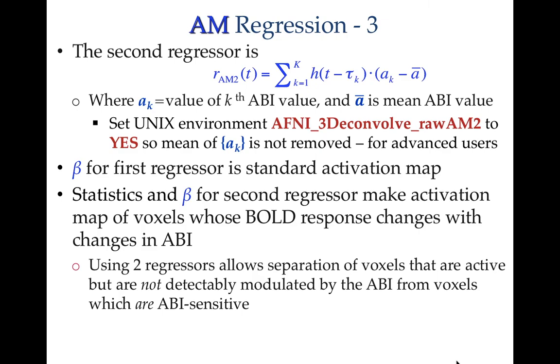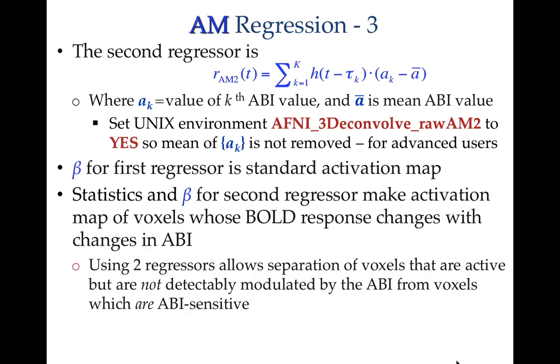So h of t minus tau sub k is 0 when t equals tau sub k, and then h will go up and down following that. And then each one is modulated by its difference between the ABI value supplied minus the average ABI value. That's because this one is modeling just differences, the fluctuations based on the differences in the ABI.